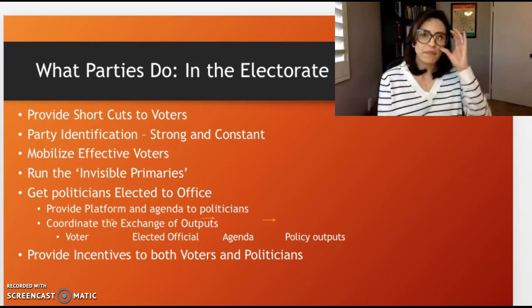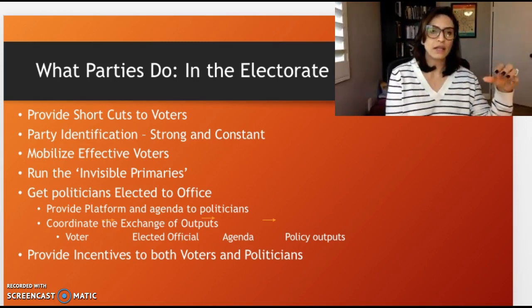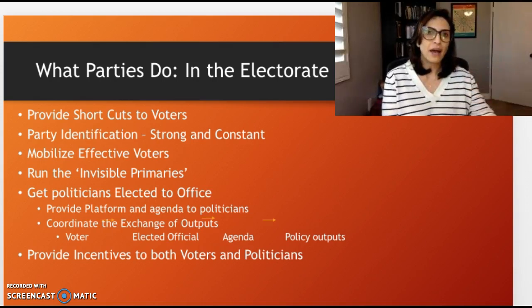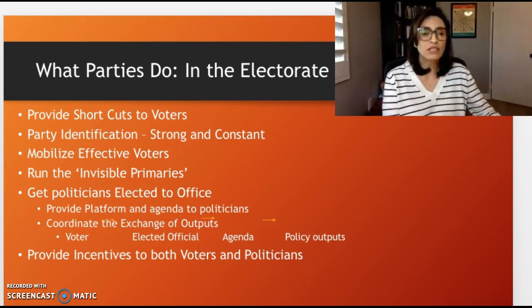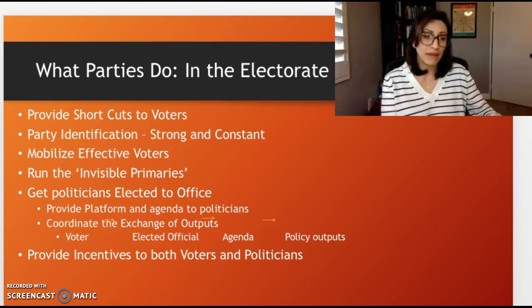And the rational choice literature tells us that parties exist to get people in office, that elected officials, that politicians use the party within the electorate in order to gain power, in order to gain office.